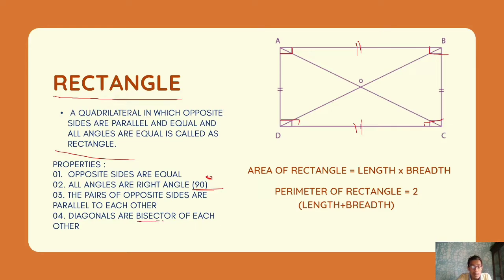Here it is written diagonals are bisectors, not perpendicular bisectors, but bisectors. So AC and BD are intersecting at point O, and this intersection has divided these diagonals into two equal halves. So this was the fourth property.